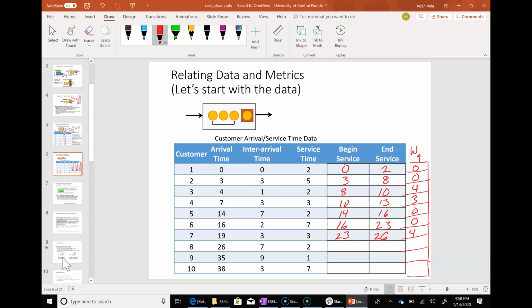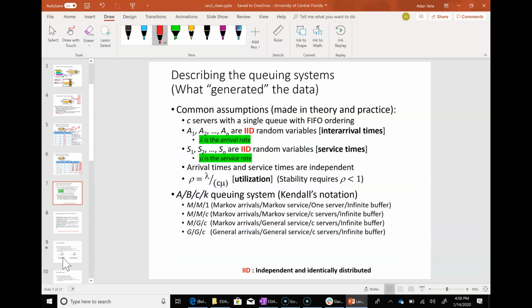One of the things that queuing theory does is assume that the inter-arrival times between customers follow the same distribution. This is referred to as IID. IID stands for independent and identically distributed.